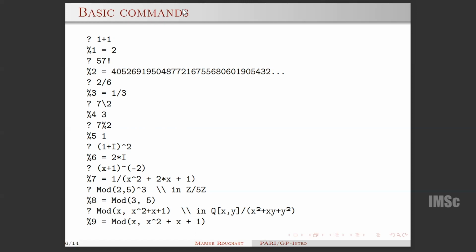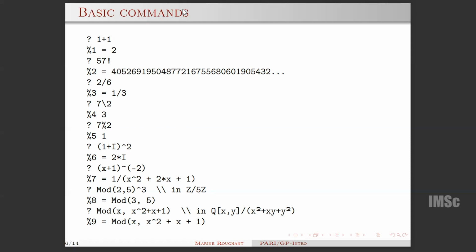Here you want to write x mod x squared plus x plus 1. What you think is that I'm in Q of x, y. I mean, I have two variables, and I want to quotient by, no, I'm sorry.